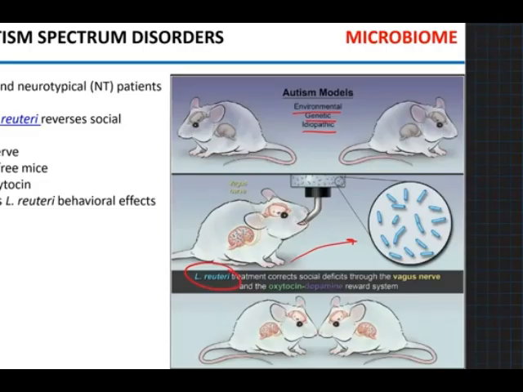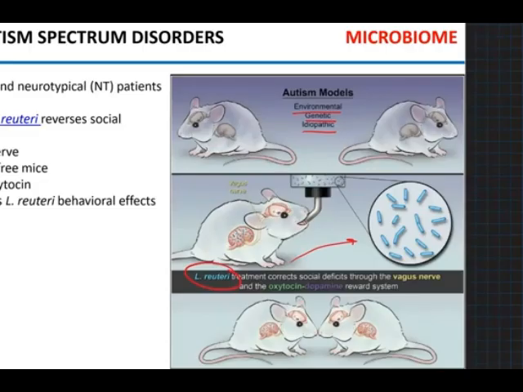So, for anatomy aficionados, which nerve connects the brain and the gut? They cut it. Guess what? They give those mice Lactobacillus reuteri, mice with a cut vagus nerve, no effect. So it's definitely the vagus.